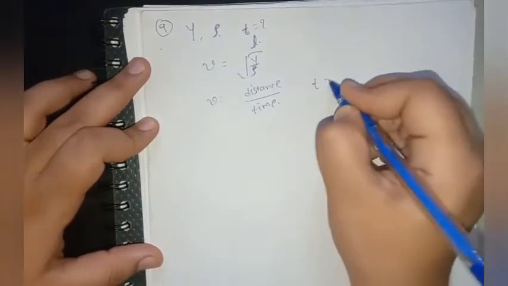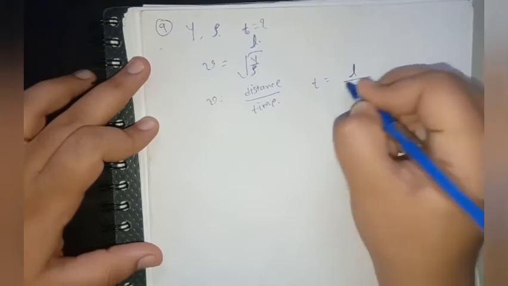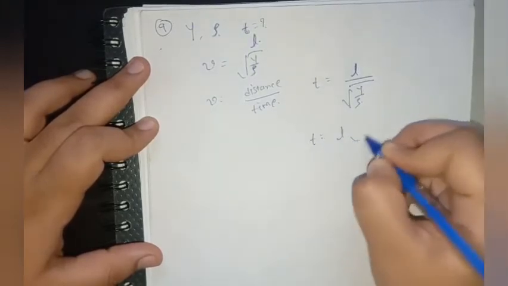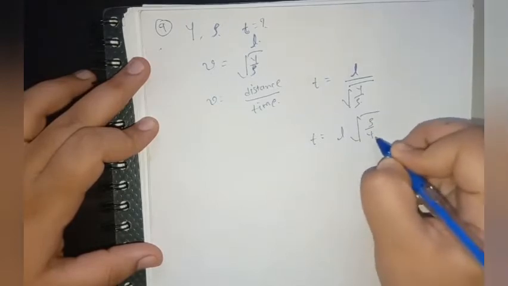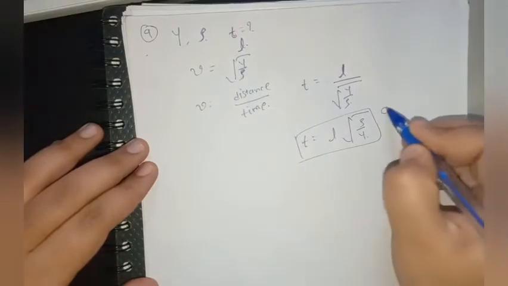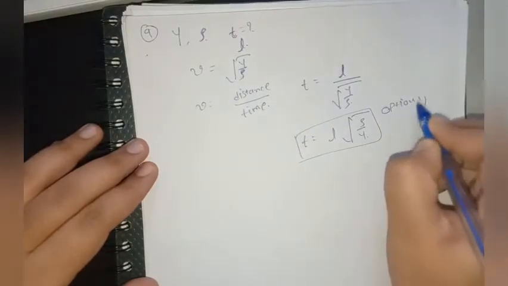So time t can be written as distance L divided by speed under root y by rho. So t will be L under root rho by y. So option 1 is correct option.